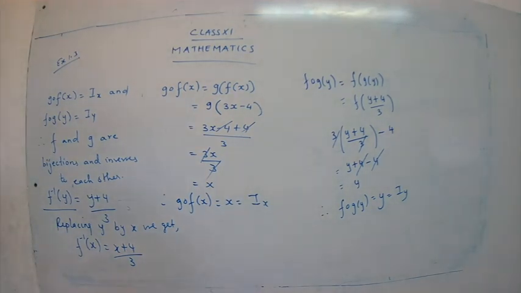Now we have to check whether this inverse is also a function. So let's go for the step. You have to show the explanation using an arrow diagram. So let's draw the arrow diagram and check the answer. I'll just rub this part.